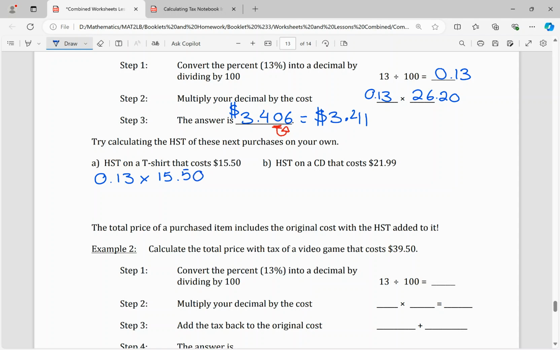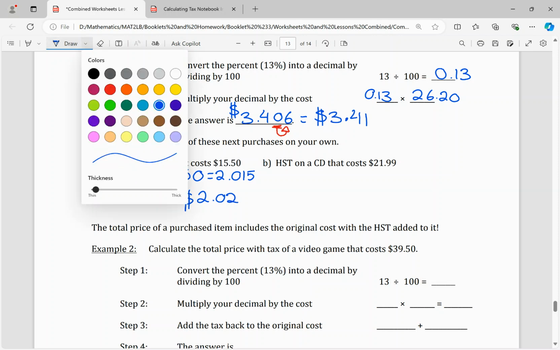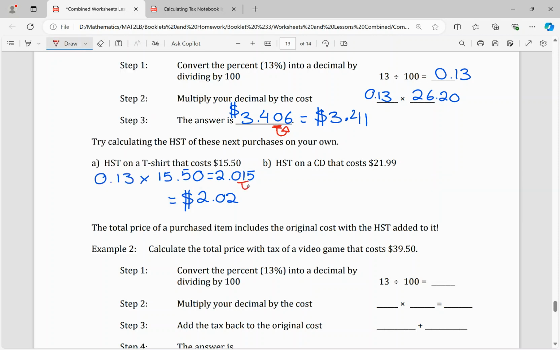Plug that into a calculator, and you get 2.015, which is equal to, because we're rounding to the nearest cent, $2.02. That is the extra money that I am paying on top of my t-shirt. Again, remember, we're rounding to the nearest cent, which is the second number after the decimal.